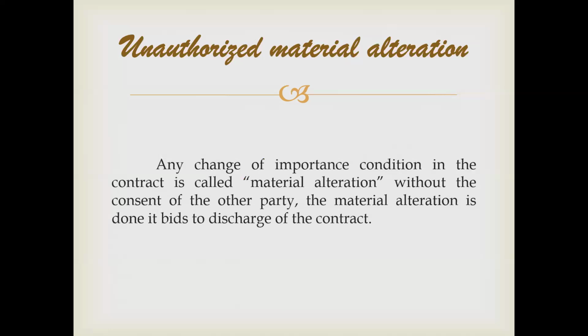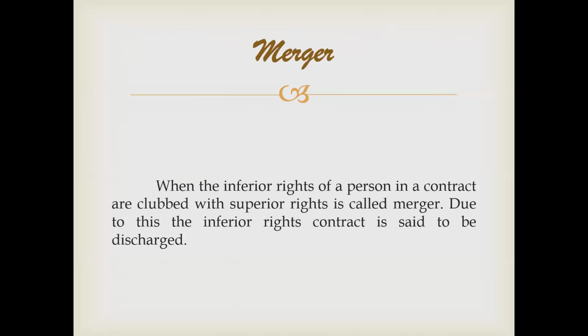The material alteration discharges the contract. Merger: when the inferior rights of a person in a contract are clubbed with superior rights, it is known as merger. Due to this, the inferior rights contract is said to be discharged.